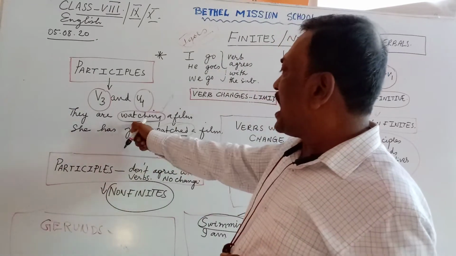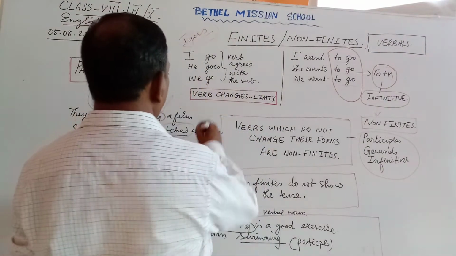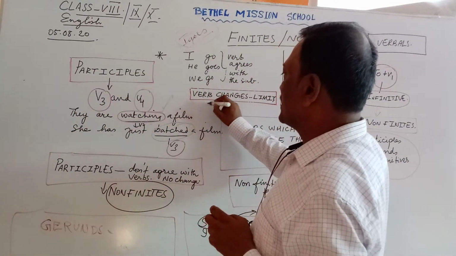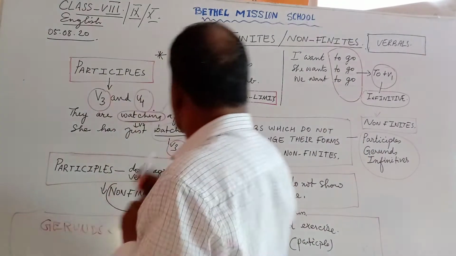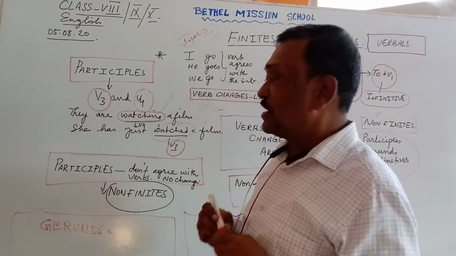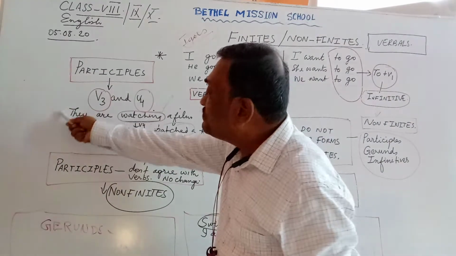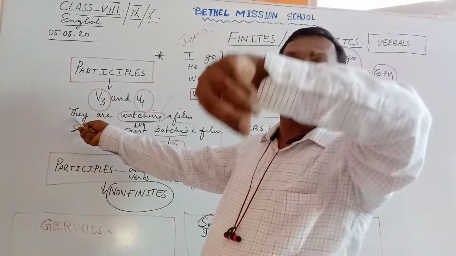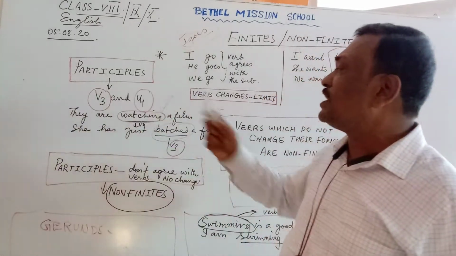Now, they are watching a film. If I change the subject they into she, let's say, instead of saying they are watching a film, if I remove this they and replace it with she, then she is watching a film.